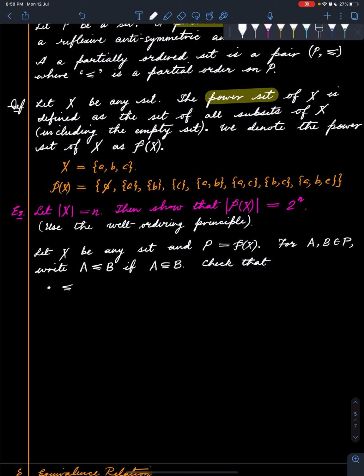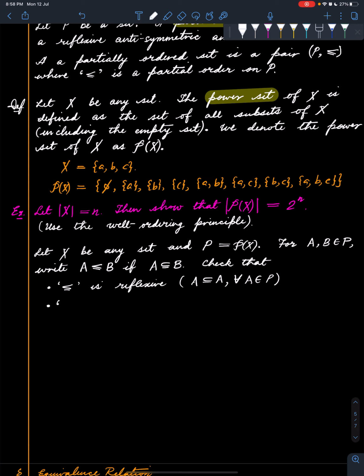One, this is reflexive. Nothing to check here because A is contained in A for all A in not just the power set but for every set in the universe.